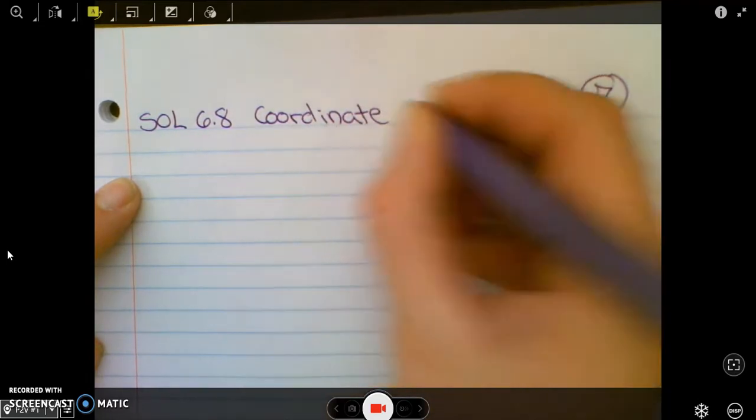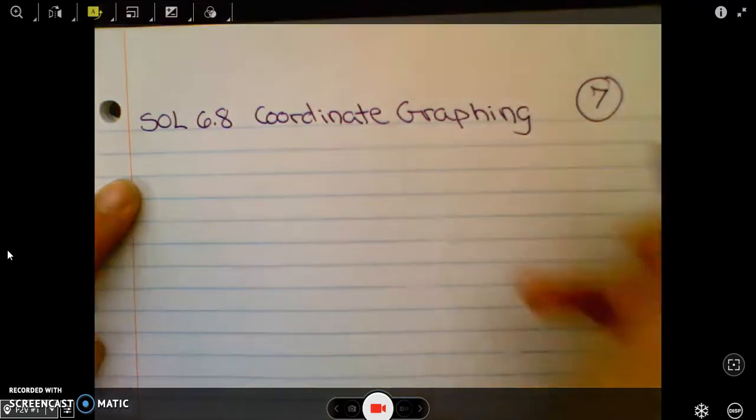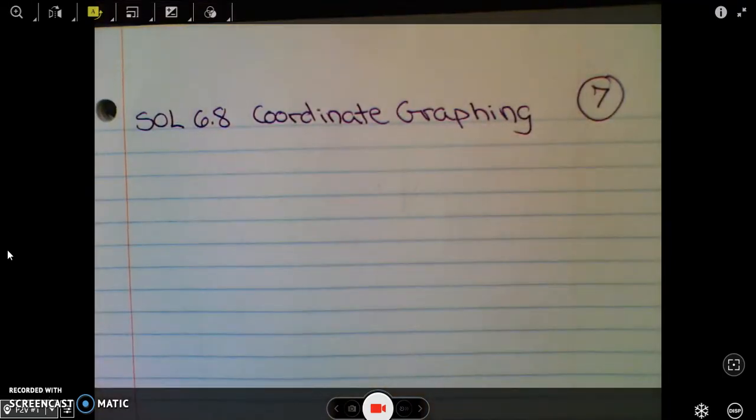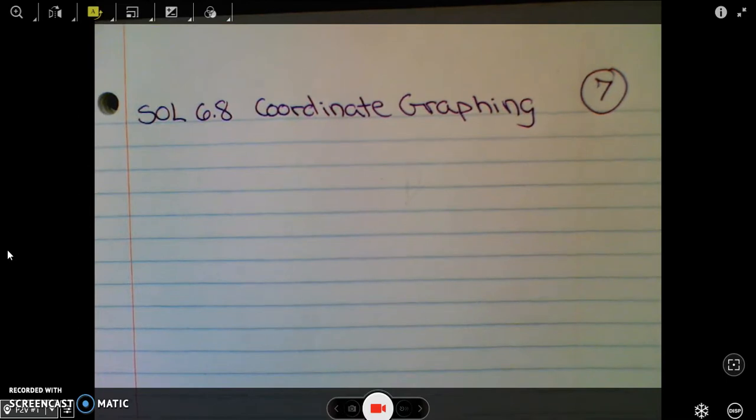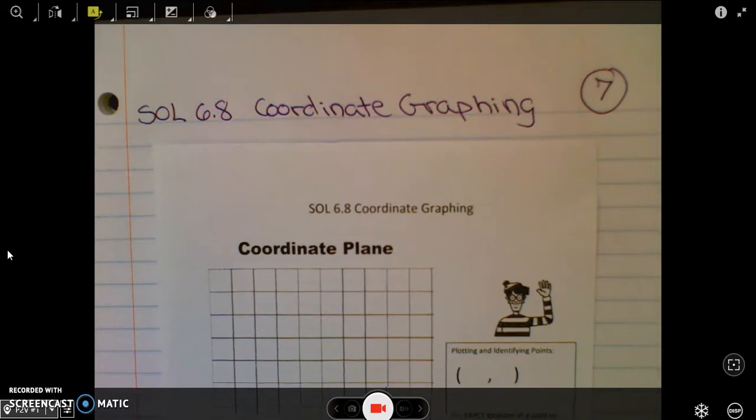Coordinate graphing. So with this unit, I have tried to not have you have to write as much vocabulary and definitions and handwrite things, because a lot of this unit is actually visual. So I've provided a notes page that you're going to glue in below our heading, and we'll be filling in some spots on this page.